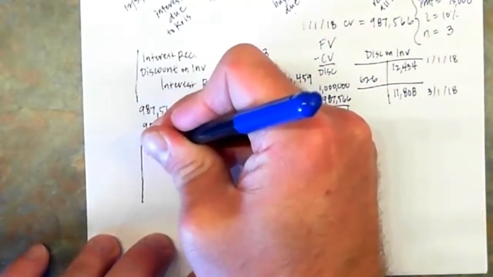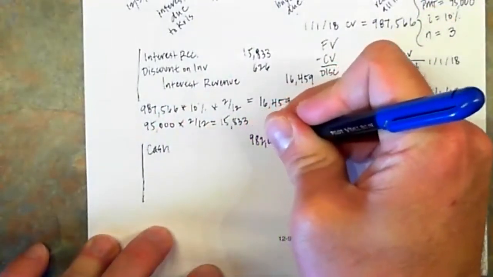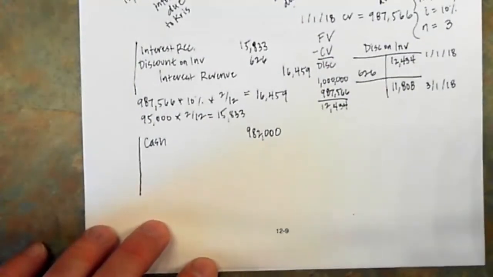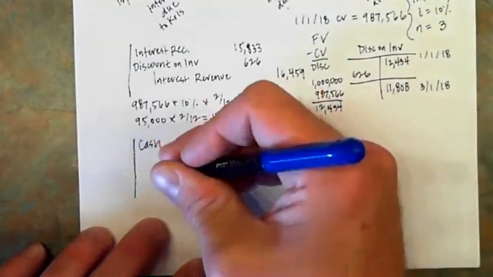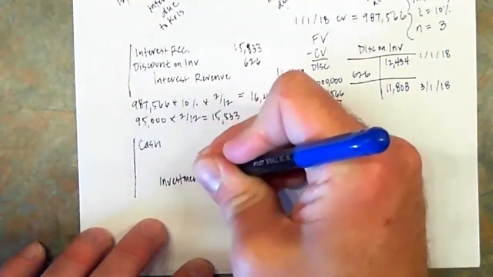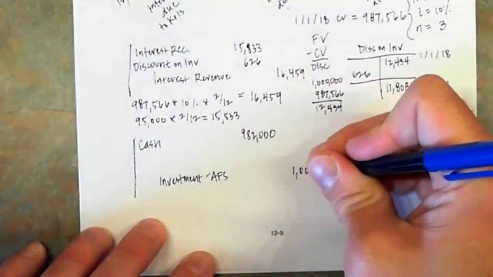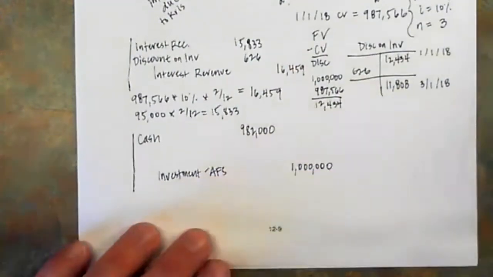We get cash of 982 for this. And the first thing you want to think about is, all right, this cash payment wipes out all of the investment accounts on my balance sheet or in my ledger, right? So remember that the investment, and we're treating this as the AFS investment, was valued originally at $1 million, and we kept it there at its face value.